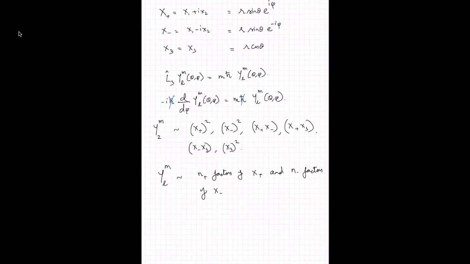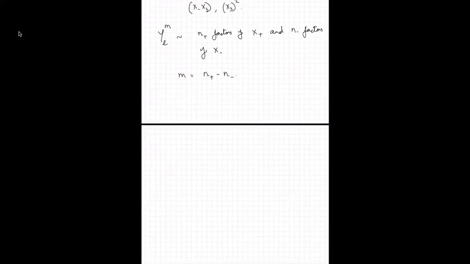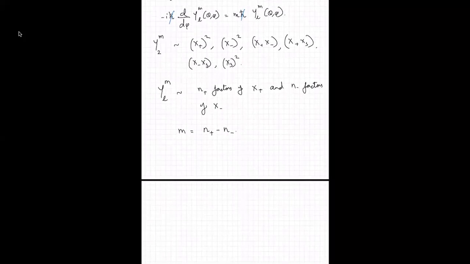Then this eigenvalue equation for Y_lm gives you m times Y_lm, and this m has to be equal to the difference in the number of factors of x plus and the number of factors of x minus. Is this obvious to you, or should I show this? Okay, so I will take silence as disagreement and I will show it.